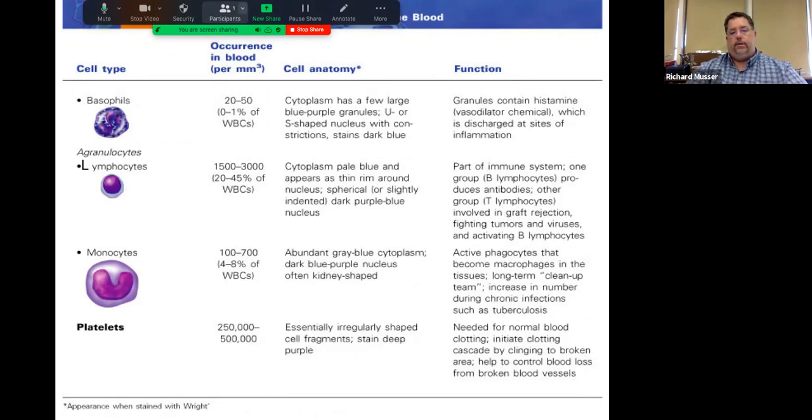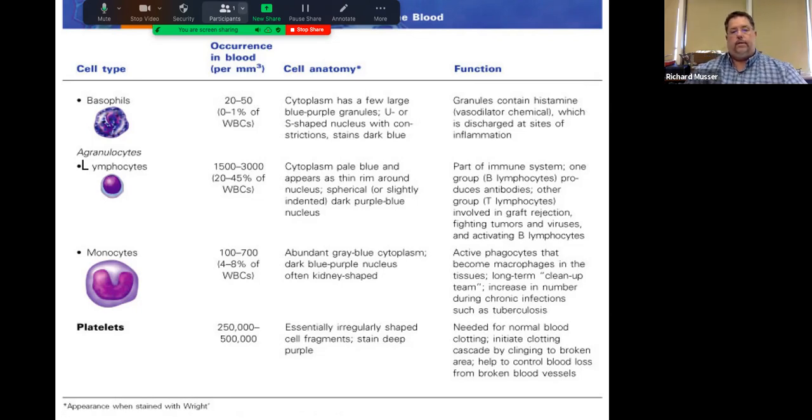Then we have the agranulocytes, and you can see the basophils are pretty small in numbers, but the lymphocytes are part of the formation of antibodies. Lymphocytes have a clear appearance, you don't see the granules, and their nucleus is rather large.